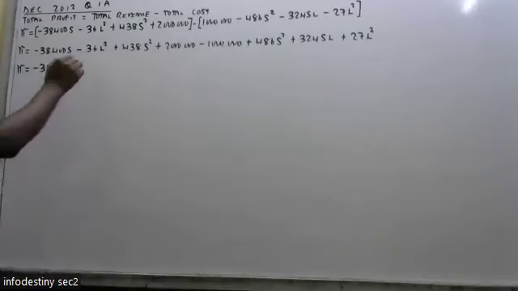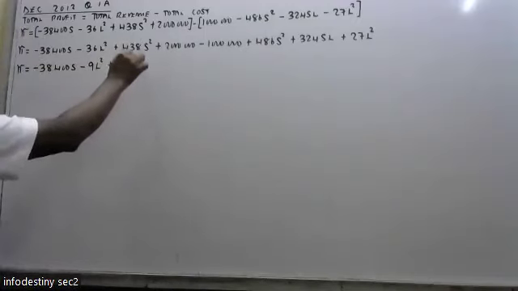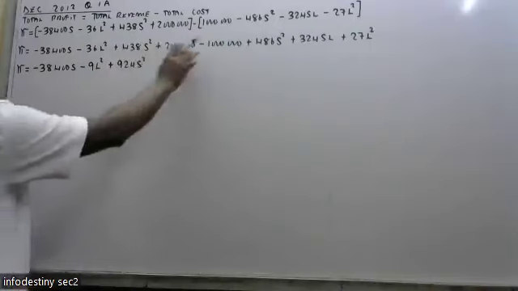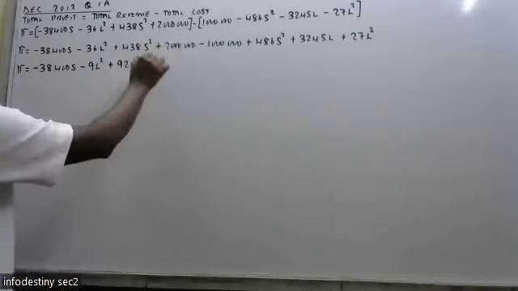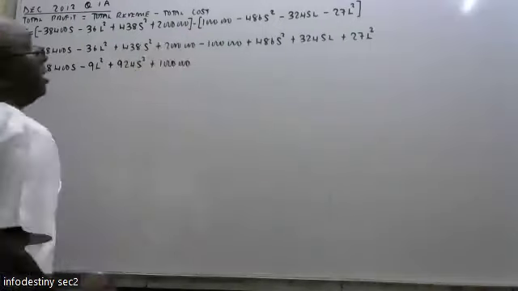This 438 joins this 486, so that we have what? 924S square. This one is left with 1 million. And this 324SL is on its own.